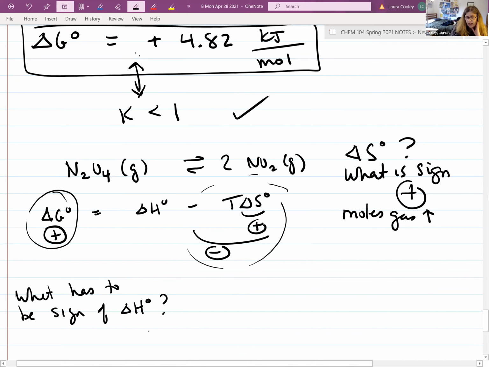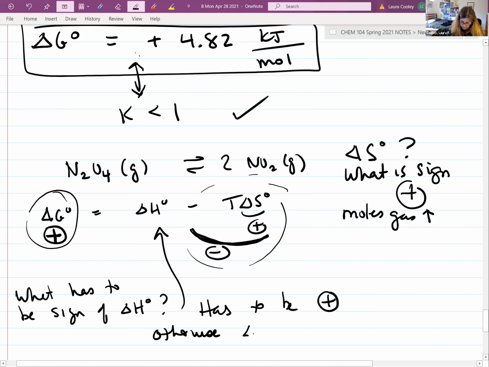You know, if you didn't know how to figure out that you're breaking a bond, you take a look at this and you go, oh, well, if this term is negative and the delta G0 is positive, what does the sign of this have to be? It has to be positive. And that's because otherwise the delta G0 could not be positive. Because the delta S is positive, which makes this term negative. All right, I think that's enough.